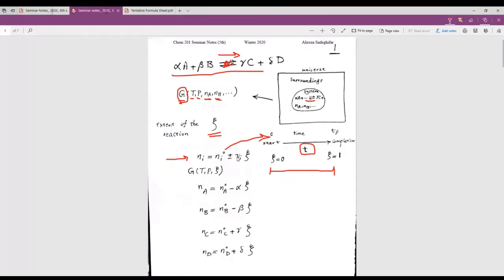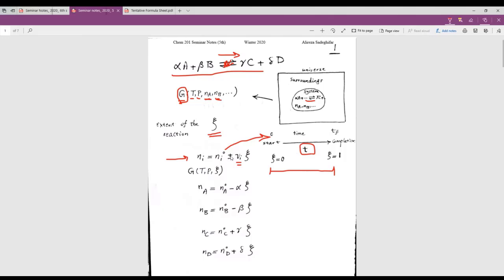This is called nu, shown by the letter nu, and then xi. What is this nu here? This nu is the stoichiometric coefficient in the balanced reaction equation. What is plus? What is minus? The plus sign is a convention.